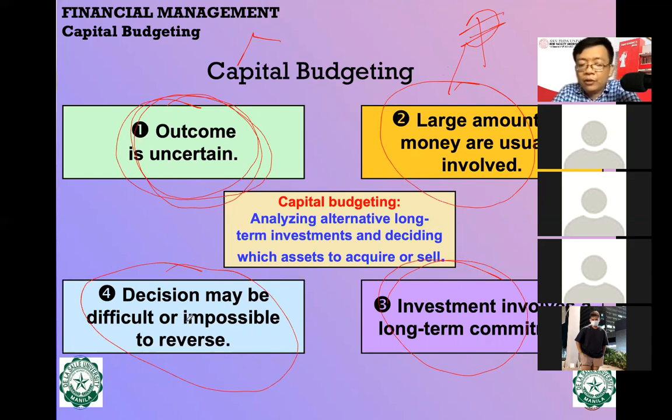The decision may be difficult or impossible to reverse. Take note of these. We discussed 2, 3, and 4. That is basically your goal here: to have your capital budgeting analyze alternative long-term investments and decide which assets to acquire or to sell.